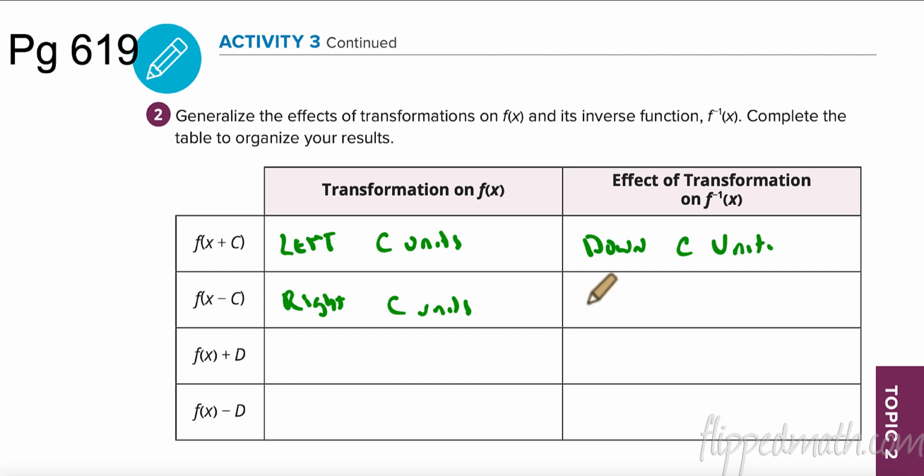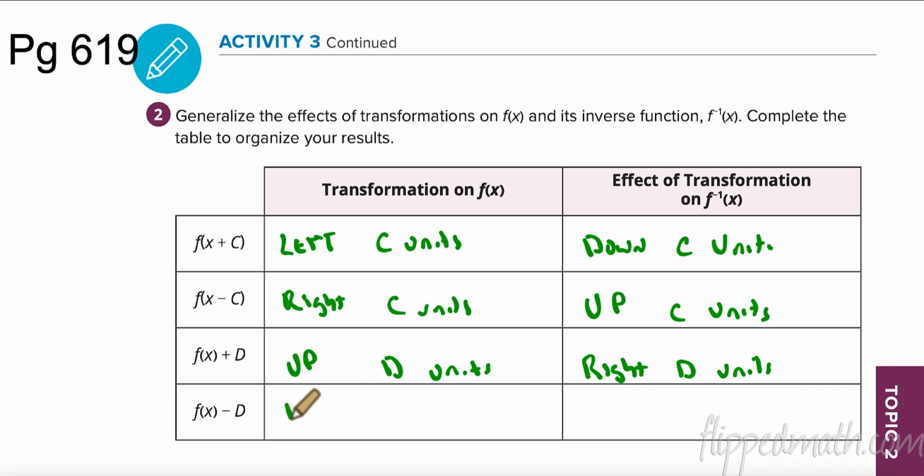X becomes y, right is like up, c units. If my original function goes up d units, y becomes x, right, d units. All right? Down d units, y becomes x, left d units.